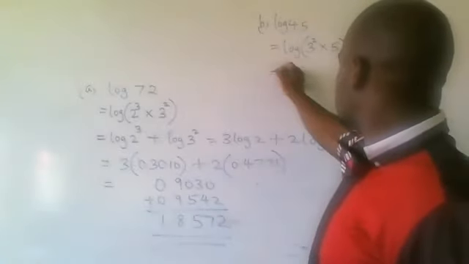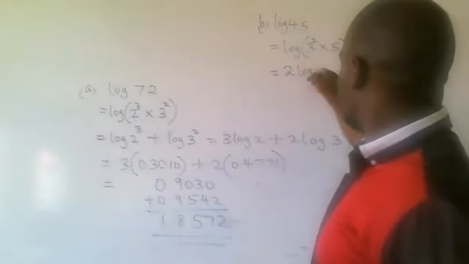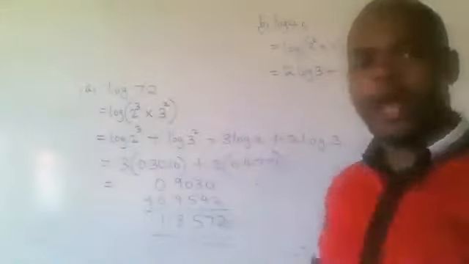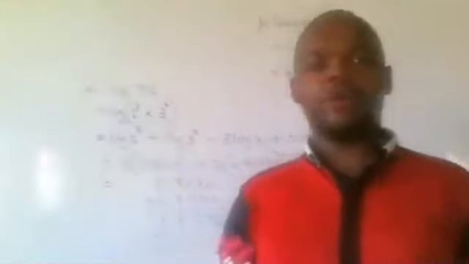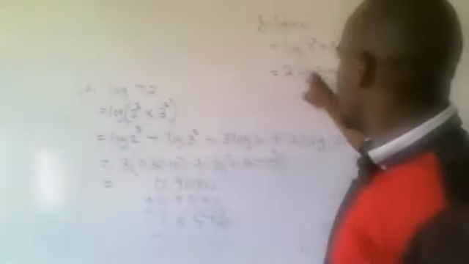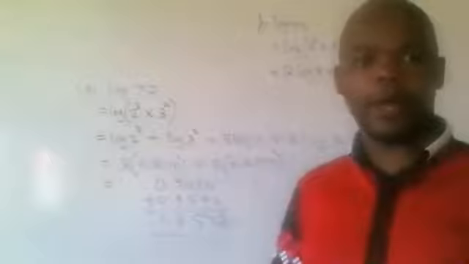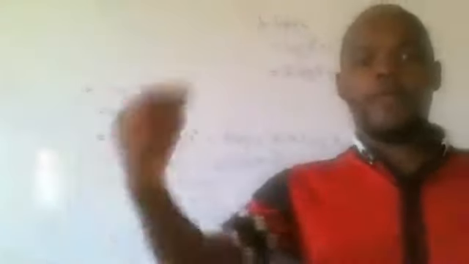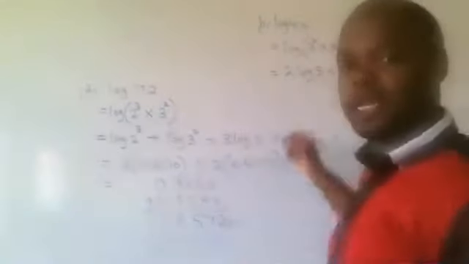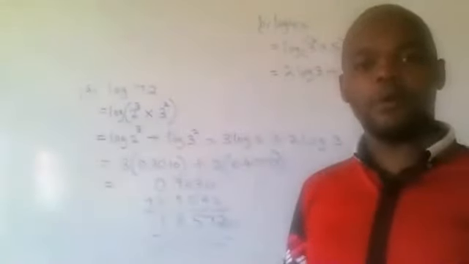So this is 2 log 3 plus log 5. We are trying to apply the laws of logarithm. When I say 2 log 3, that is log 3 squared. I'm following the third law of logarithm. When I'm splitting the multiplication to addition, I'm using the first law of logarithm.